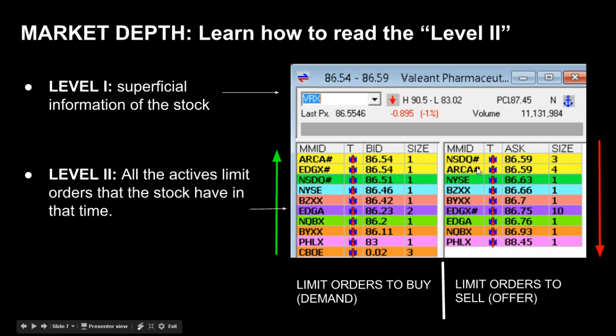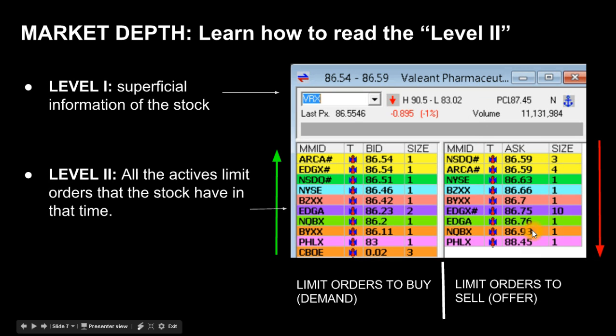And right here on this second column, we have a different order. As you can see, this is the price at which the traders want to offer these shares. They want to sell or they want to short, it doesn't matter.